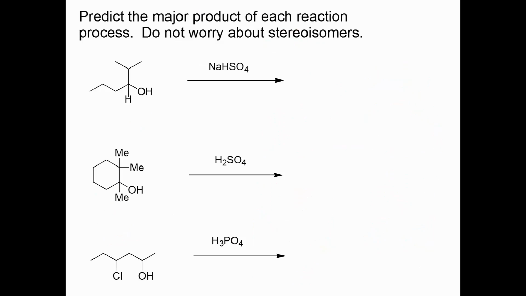Let's predict the products of this reaction here. All right, so we're going to want to have the alpha carbon as part of our alkene, and one of the beta carbons is going to be one of our alkene carbons. So in this case, we're going to do our dehydration, and our major product should be this one, okay? And this is from removing a hydrogen at beta 2, or at beta 1, okay?